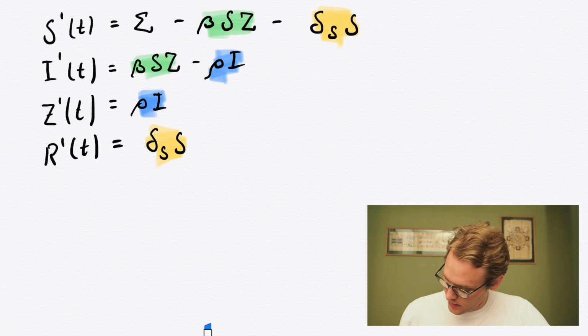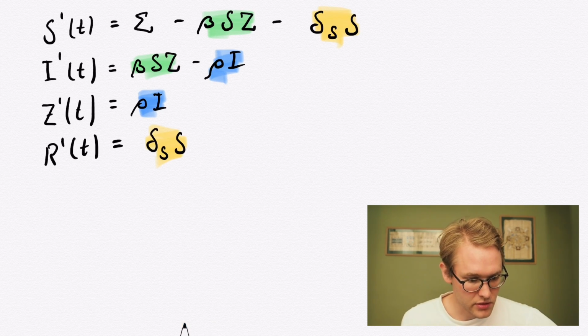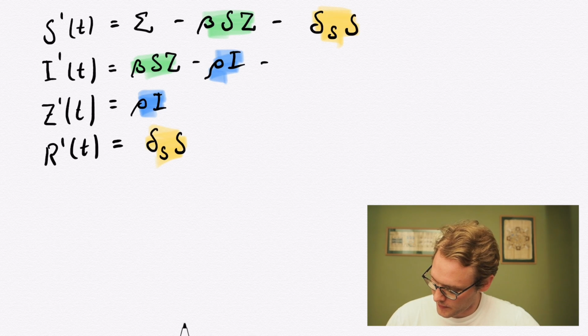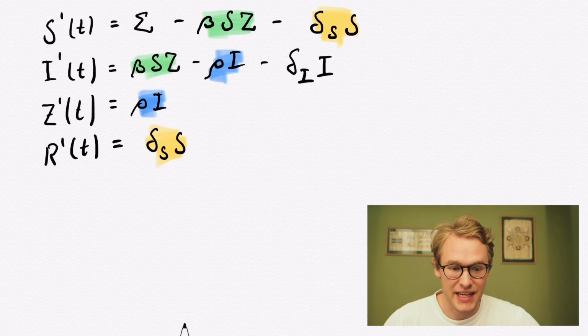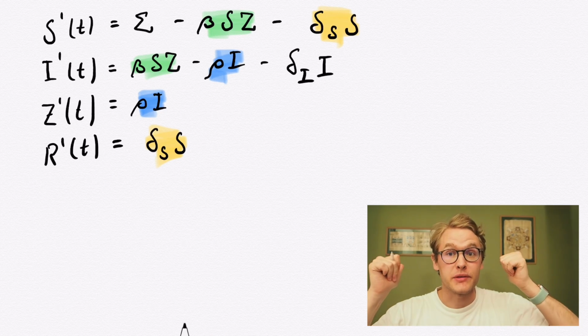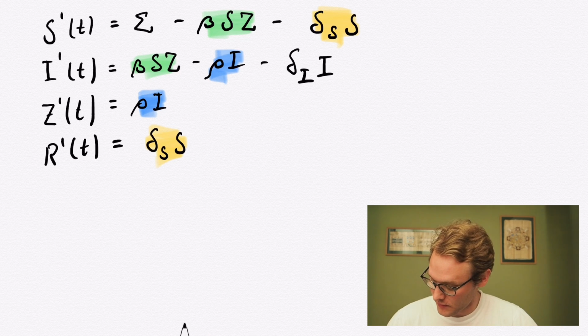Cool. And we may also go from infected to removed, delta I. So all these deltas are when people move out of the population, they're dead, right?